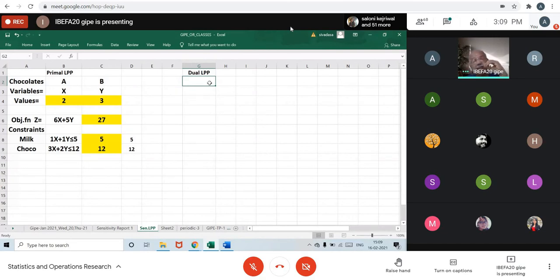It is cost. That is for milk and choco. I denote it by U and V, per unit in rupees.